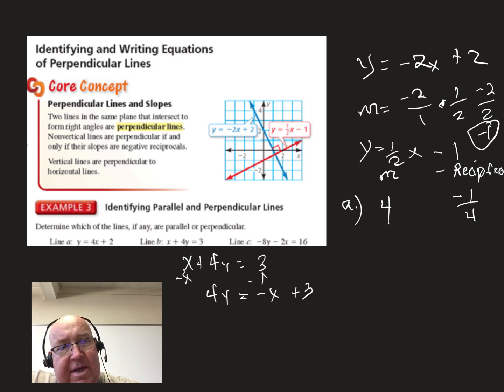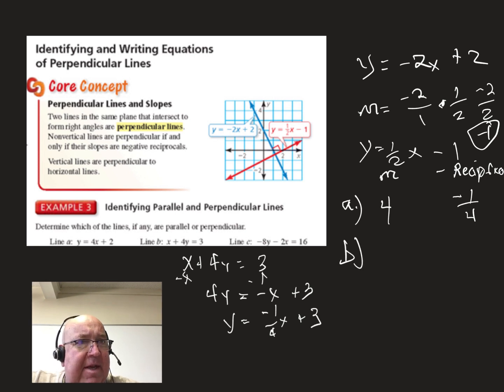And finally, we're going to get y is equal to negative 1/4 x plus 3/4. So B's slope is negative 1/4. And its negative reciprocal is 4.